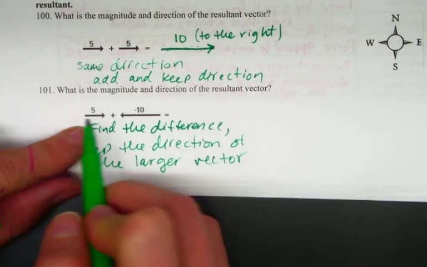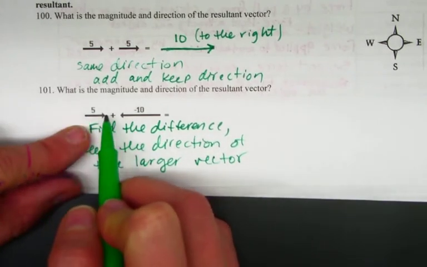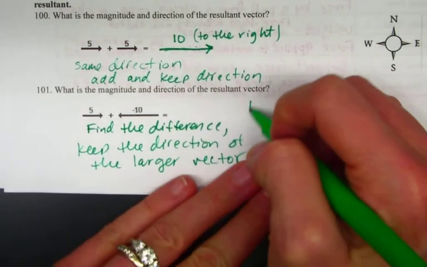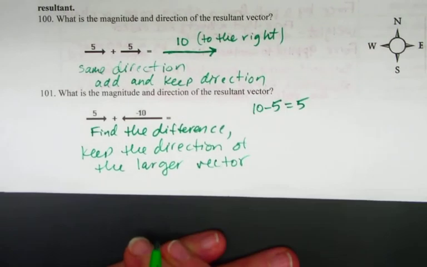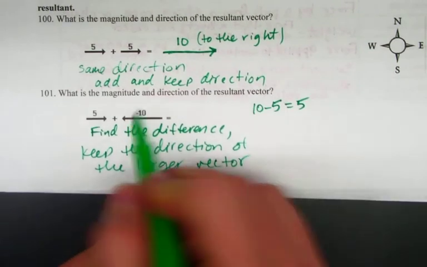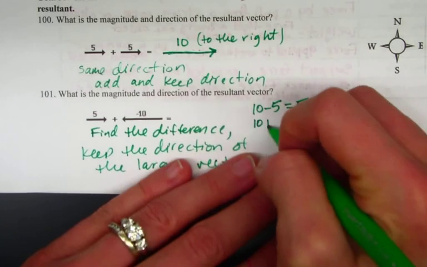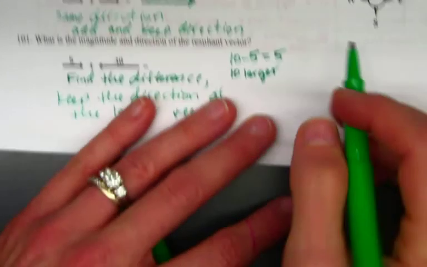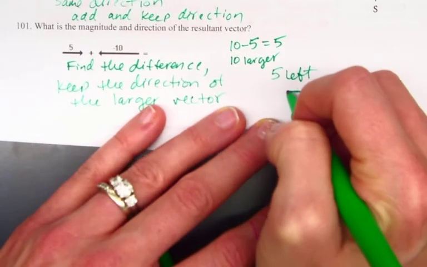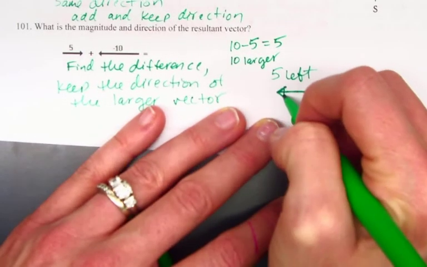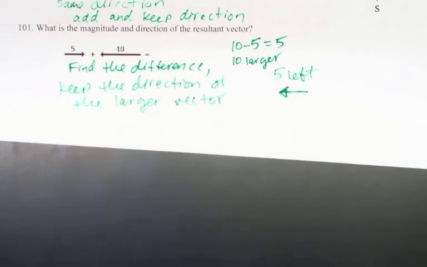Okay, so I have 5 to the right, 10 to the left. So I'm just going to say 10 minus 5. I have 5 left over. But 10 is larger. So that means I need to go 5 to the left, or 5 west. And that would be my final answer here.